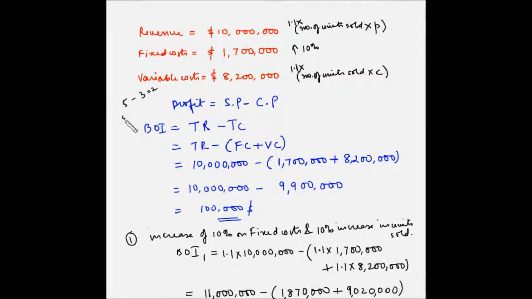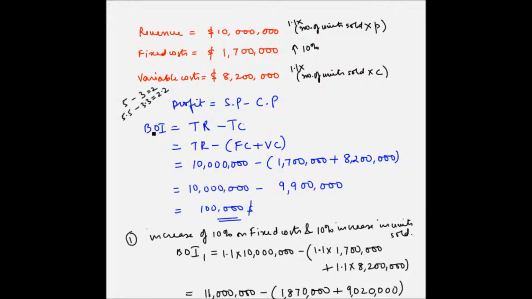So this will become 5.5 and this will become 3.3. So the new budgeted operating income will become 2.2. So this is just a simple indication for you to calculate mentally whether the budgeted operating income will increase or not if the total revenue and total cost are increasing by the same percent.